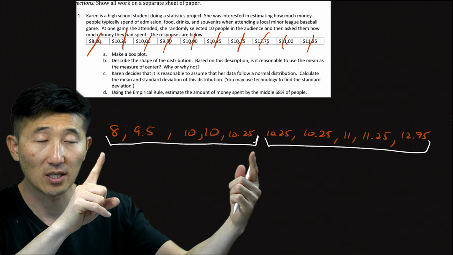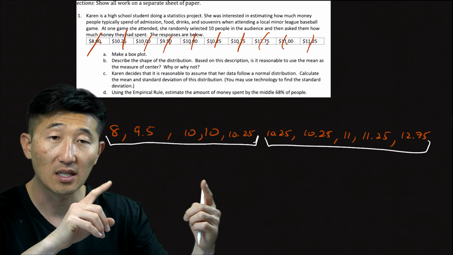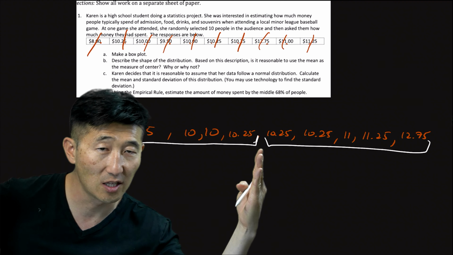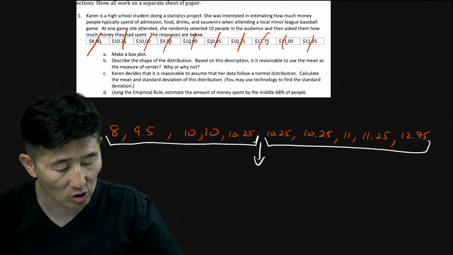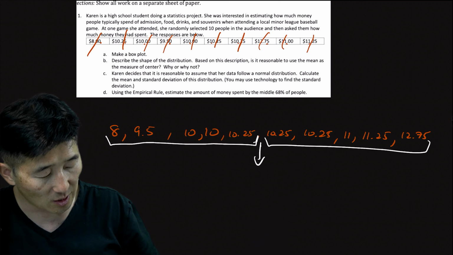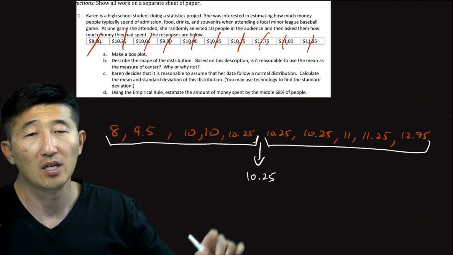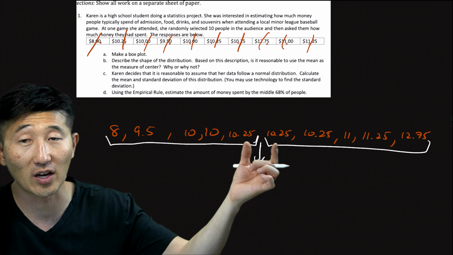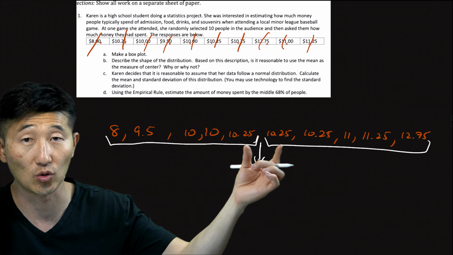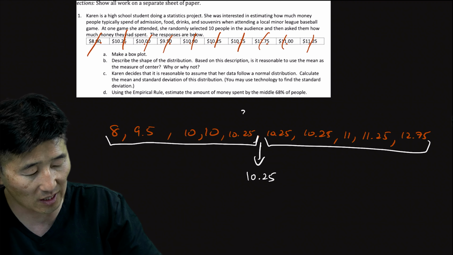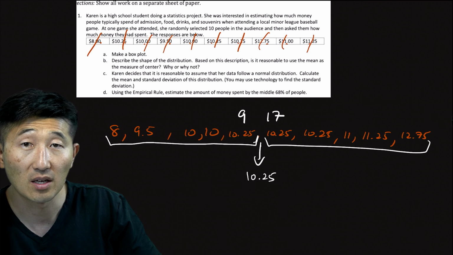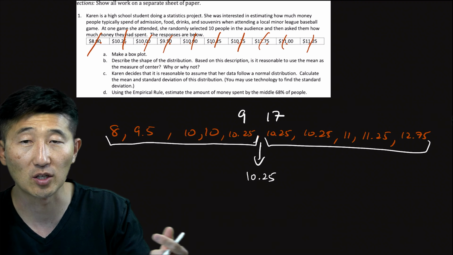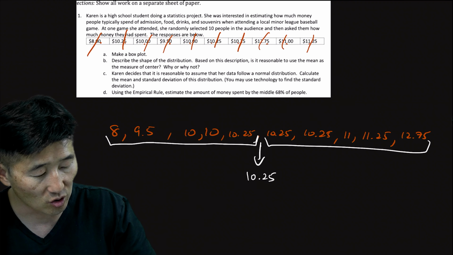So group into buckets. And the median is right in the middle between these two. So if the numbers are the same, it's going to be the same thing, 10.25. But if the two numbers are different, then add them up and divide by 2 and find the average between those two. Does that make sense? Like if this was 9 and 17, add them and divide by 2, you'll get the middle number. Okay, so that's your median.